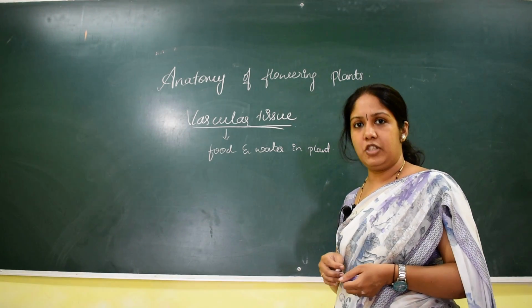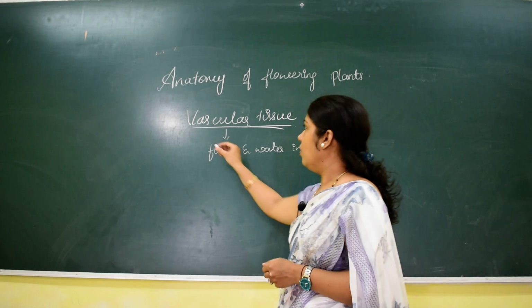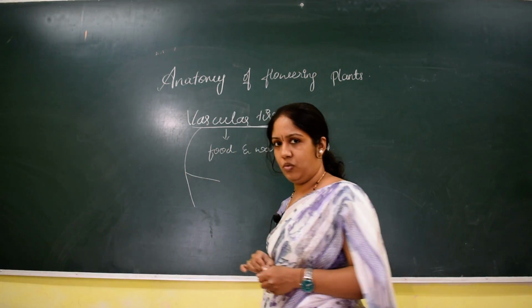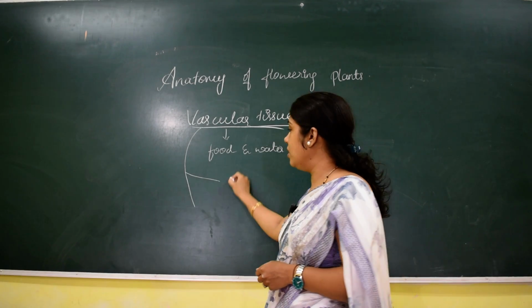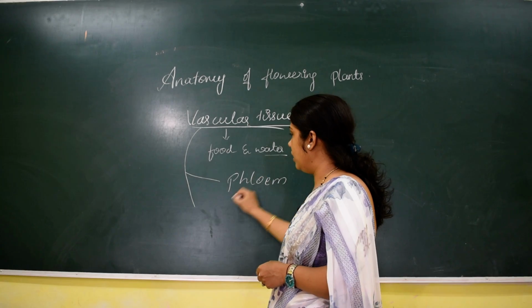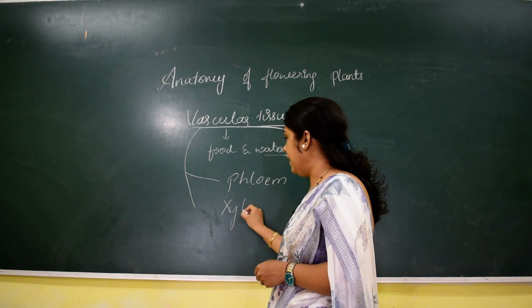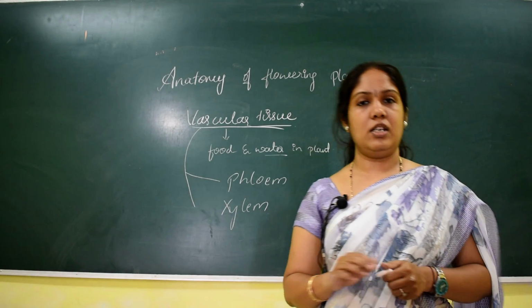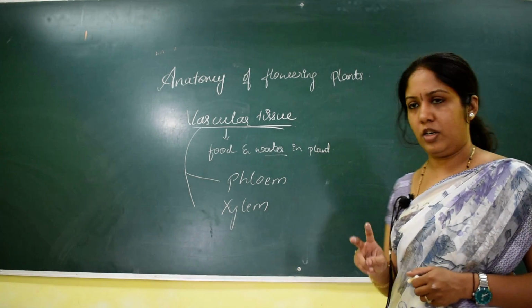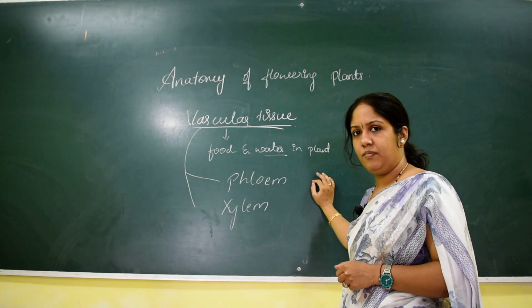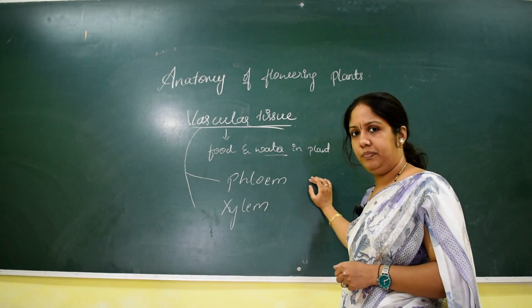This vascular tissue, or vascular bundle, consists of two tissues. The food conducting tissue is phloem and the water conducting tissue is xylem. So the vascular tissue mainly consists of two important tissues: xylem and phloem.